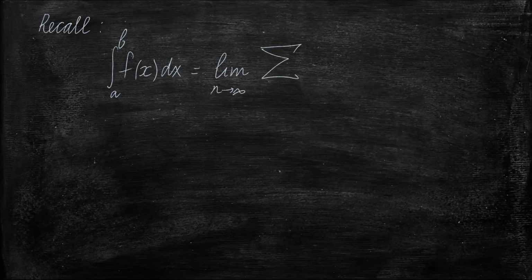idea. So if we recall the definition of a definite integral, we say, hey, the area under f of x on the interval from a to b can be found as a limit of a Riemann sum that we write like this.